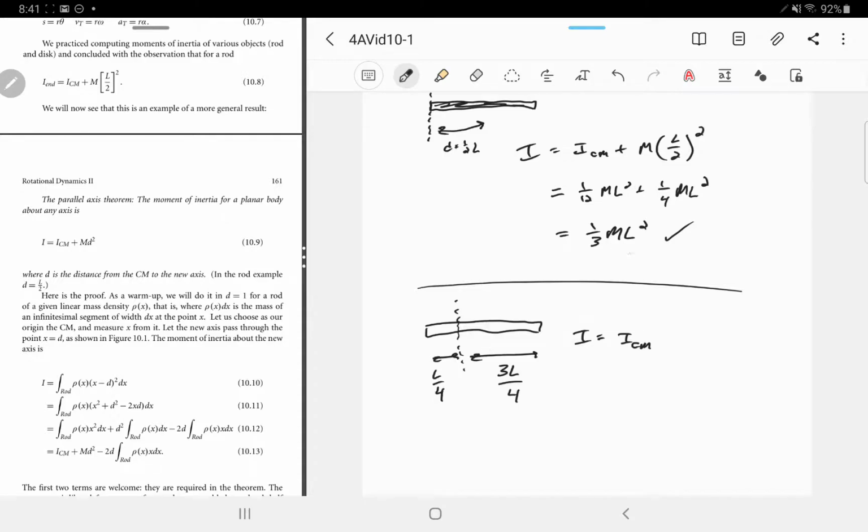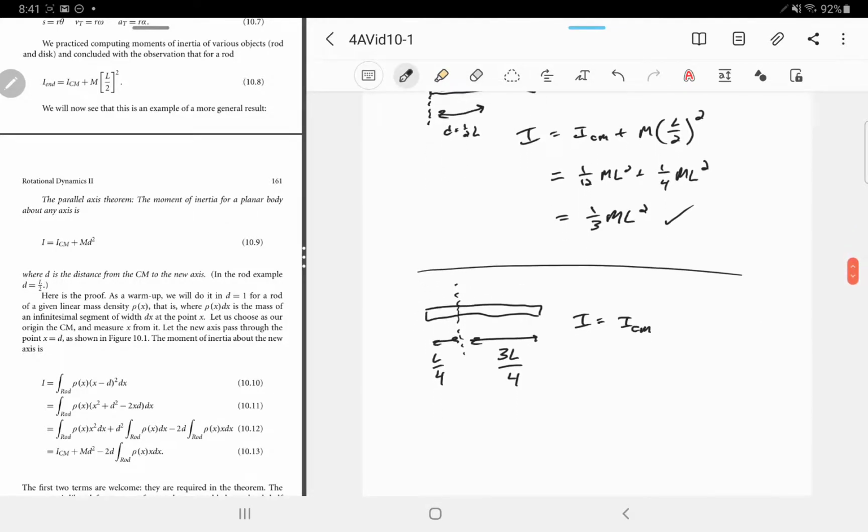We can't just take the 1/3 ML squared and add to it to get this one, right? This is actually going to have a lower moment of inertia than the 1/3 ML squared. So you start with the center of mass one, and then here you would add L over 4 squared. So it looks like this would be 1/12 plus 1/16 ML squared.